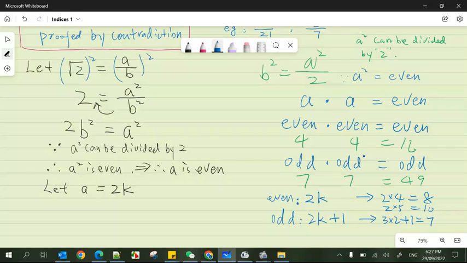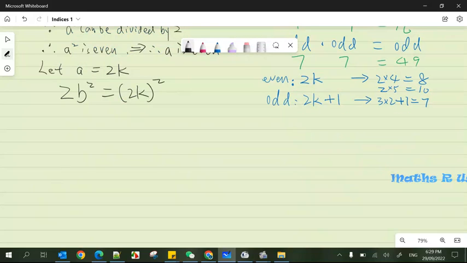So now we set a as 2k. We substitute a as 2k back into the equation 2b squared equals a squared, and now it becomes 2b squared equals (2k) squared. We solve this: 2b squared equals 4k squared. Now we simplify by 2 on both sides.